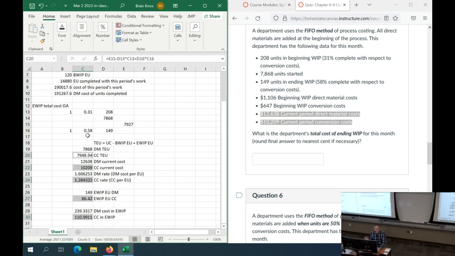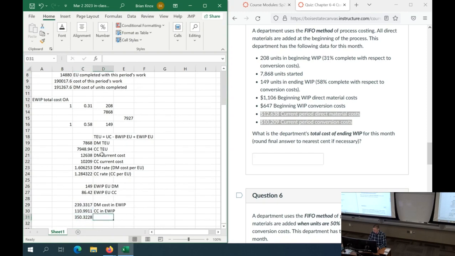These cells would be relevant if we're just doing conversion costs: calculating conversion cost TEU, which requires multiplying by the percent complete, using the current period conversion costs to create the rate, and then multiplying that by the ending WIP equivalent units with respect to conversion costs. That would get us the conversion cost in ending WIP, if that's the question we were answering. This one's asking for the total, so we can sum those for the total cost of ending work in process.